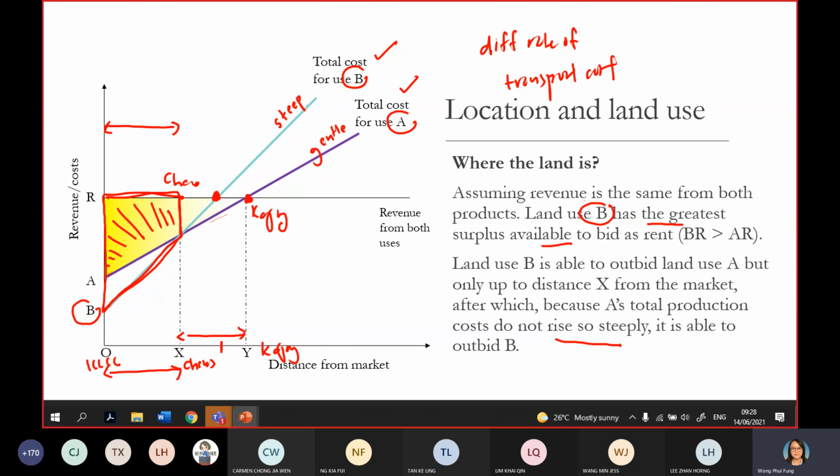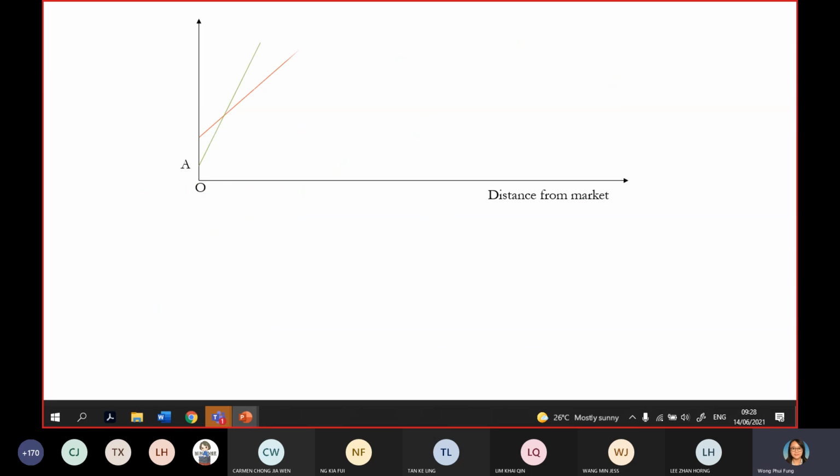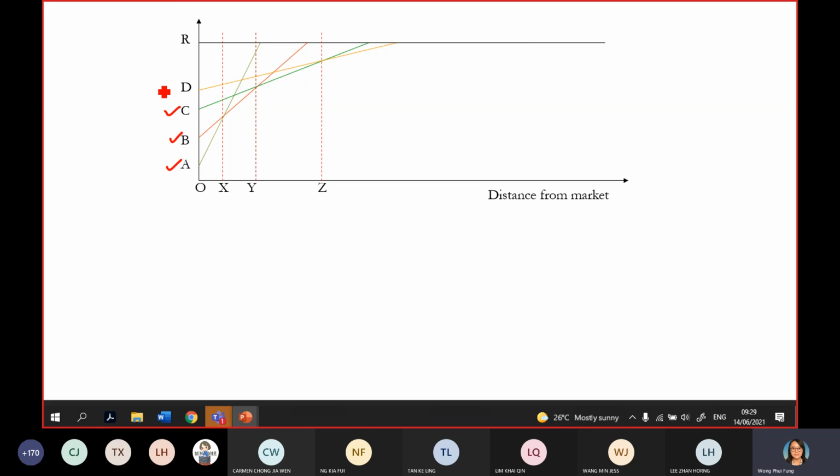Okay, so what if now I introduce not only A and B, but also C and D? So now I have land uses A, B, C, D with different rates of transport cost. One is very stiff, C and D very gentle.